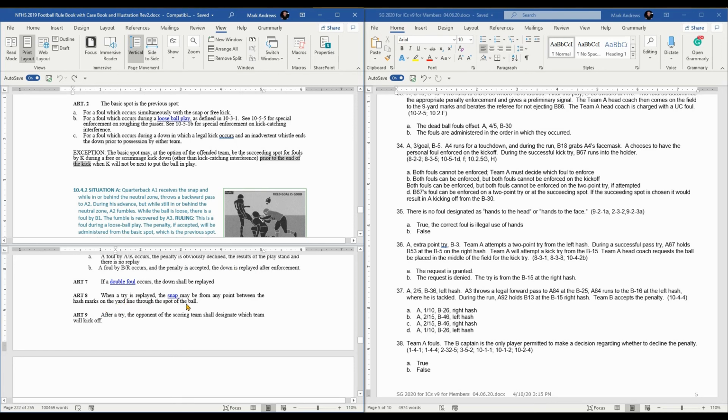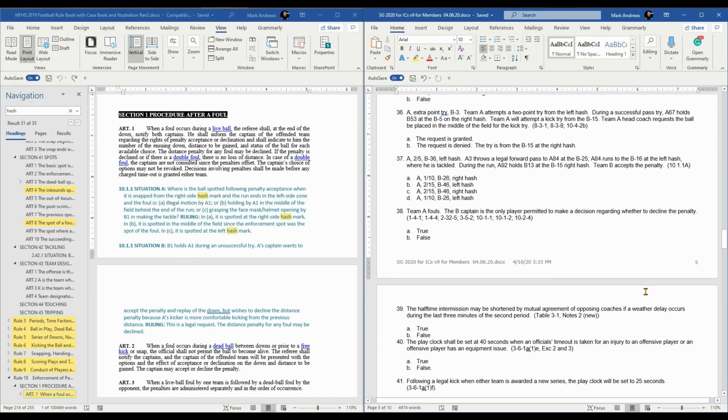So yes, they can move the ball. And that 10-4-2 reference is just a definition of the basic spot being the previous spot on a loose ball. So the answer is A, the request is granted.